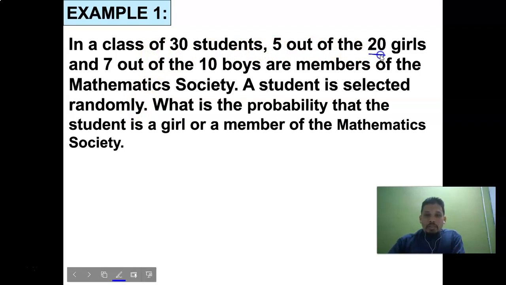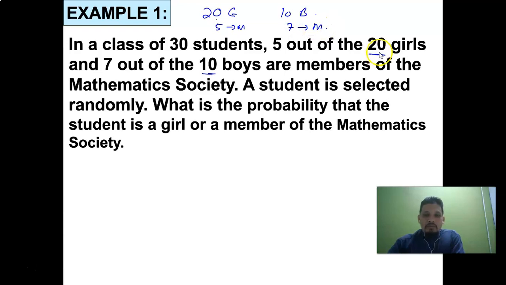So 20 girls and 10 boys, 20 plus 10 equal to 30, and 5 of the girls are members of the mathematics society, and 7 out of the boys are members of the mathematics society. So now the question is, a student is selected randomly, what's the probability that the student is a girl or a member of mathematics society?